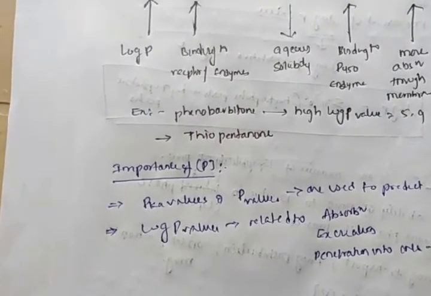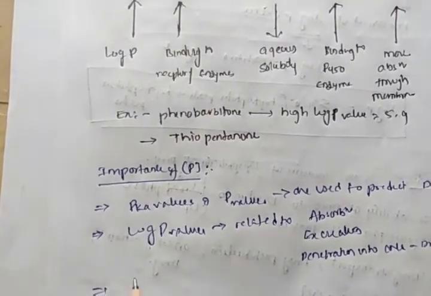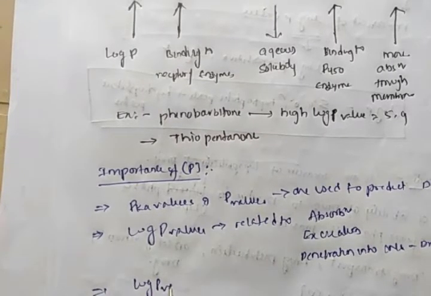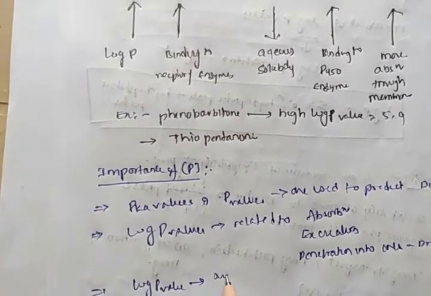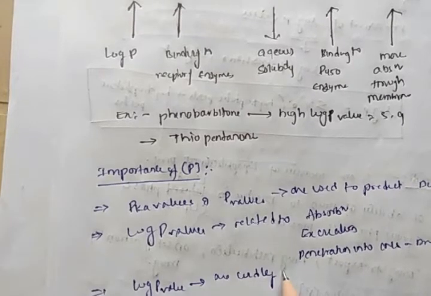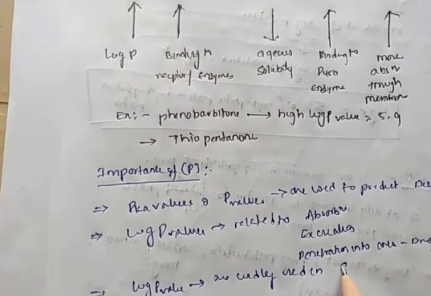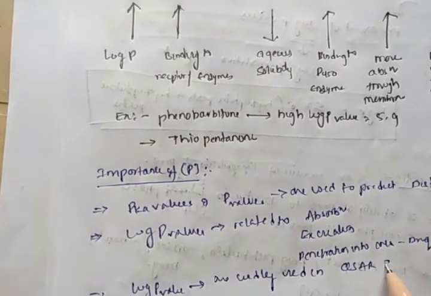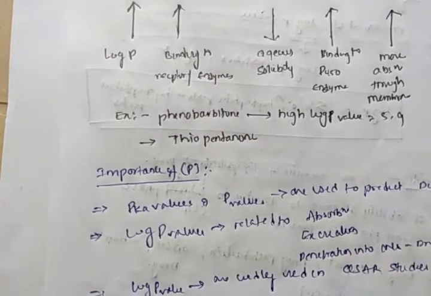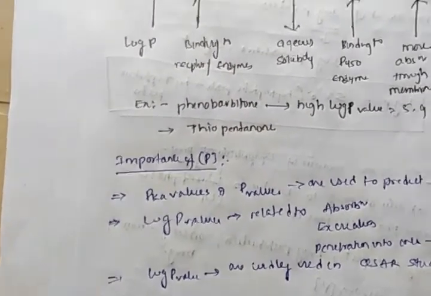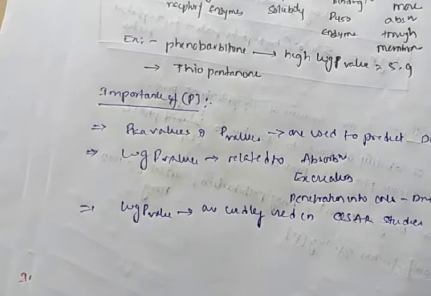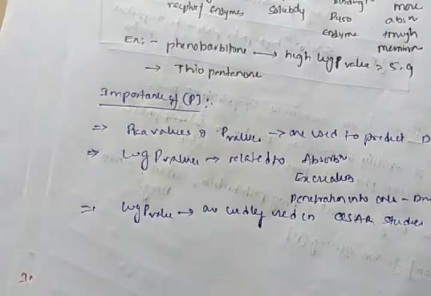Okay. So log P values are also widely used in QSAR studies. These are the applications of partition coefficient. The partition coefficient value along with the pKa value can be used to predict distribution.